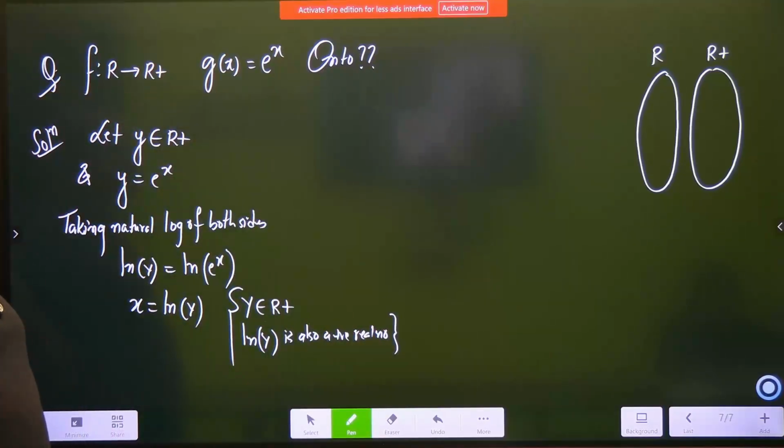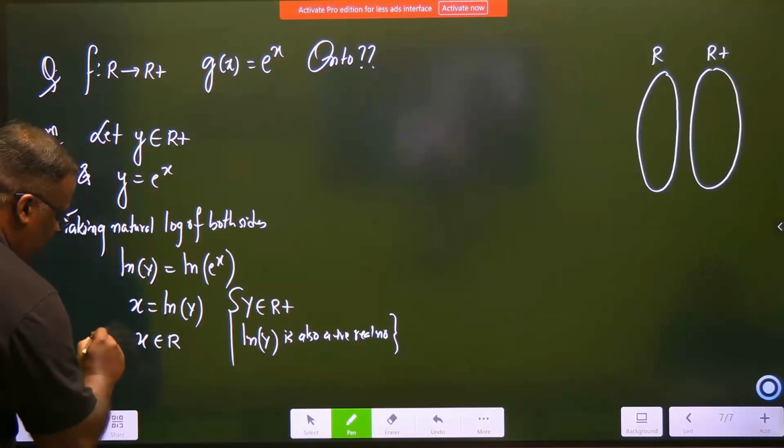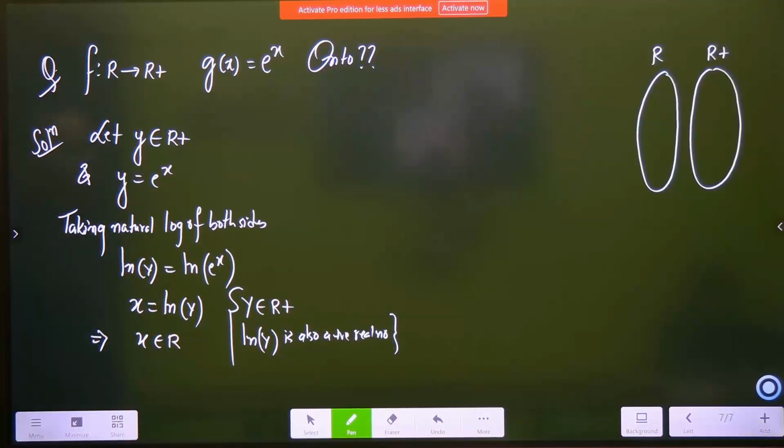R plus is a subset of R, so it belongs to R. So we can say x belongs to R. Have you understood? x belongs to R.